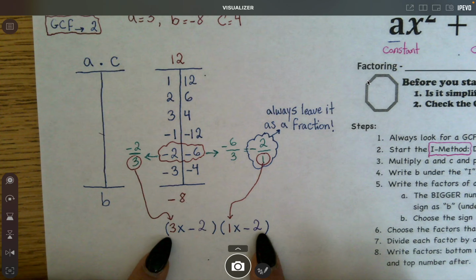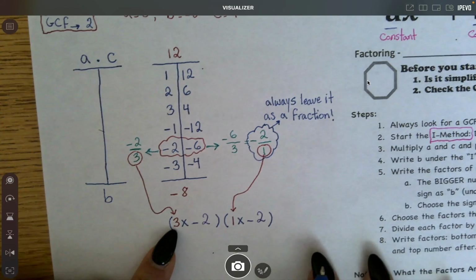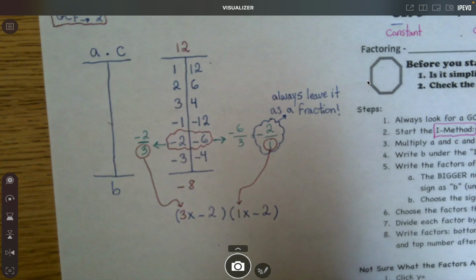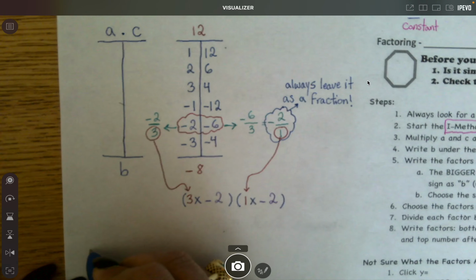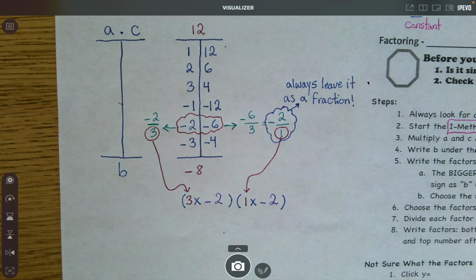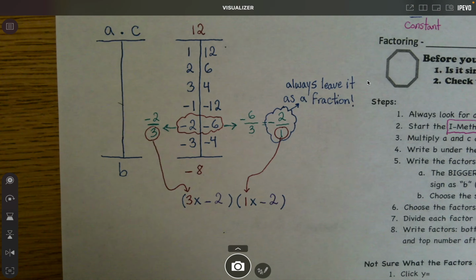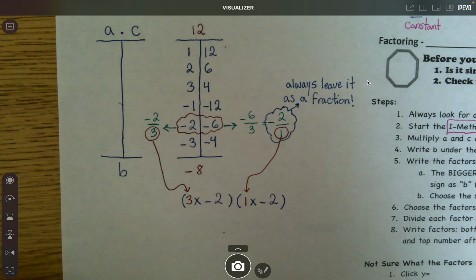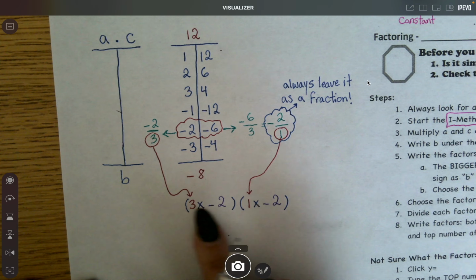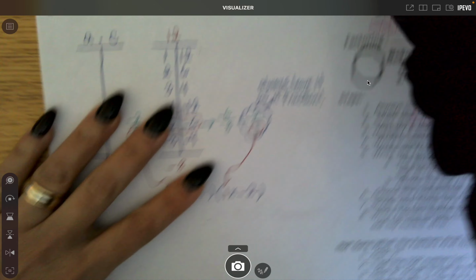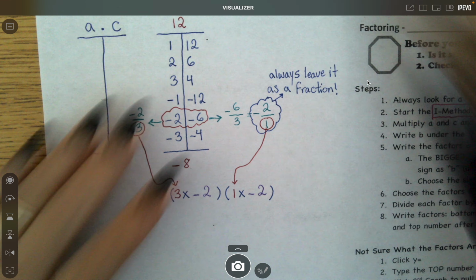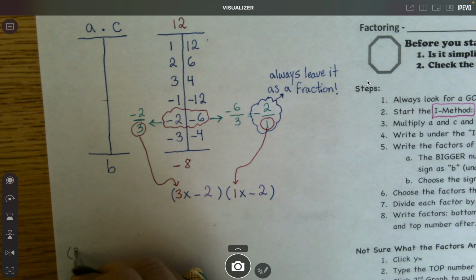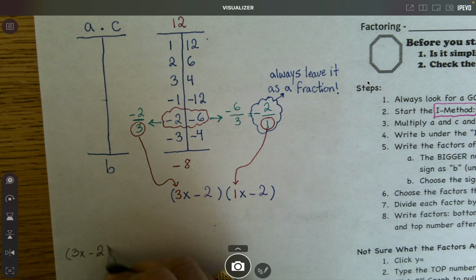But let's just check and see if we got it right. If I use my multiplication rule, I'm just going to rewrite it with the pencil. I'm just trying to check to see if this multiplication would lead me over here. So 3x minus 2 multiply x minus 2.